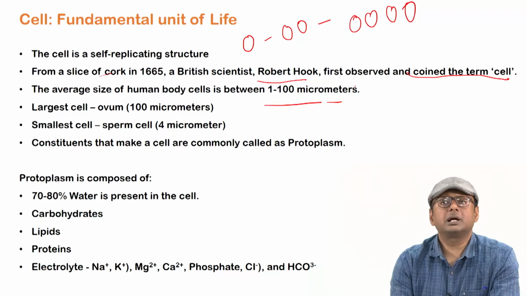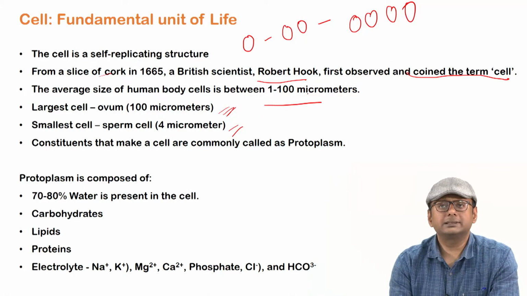Of course, there are some larger cells like the ovum, which is almost 100 micrometers in size, and there are some smaller cells also, like the sperm, which is about 4 micrometers, but in general the range is about 1 to 100 micrometers.